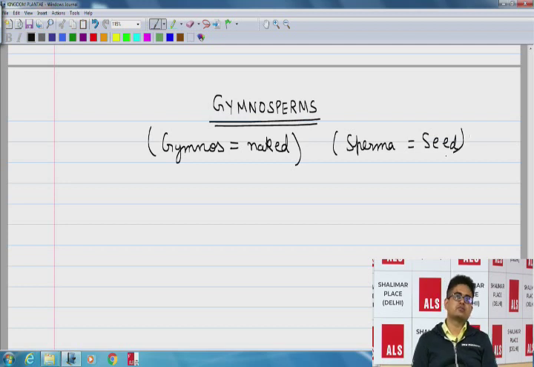So gymnosperms is that group of plants which has naked seed organization. Those plants which have naked seeds are put under gymnosperms.